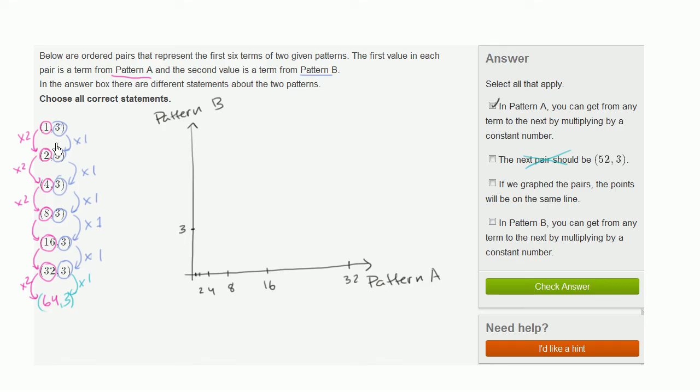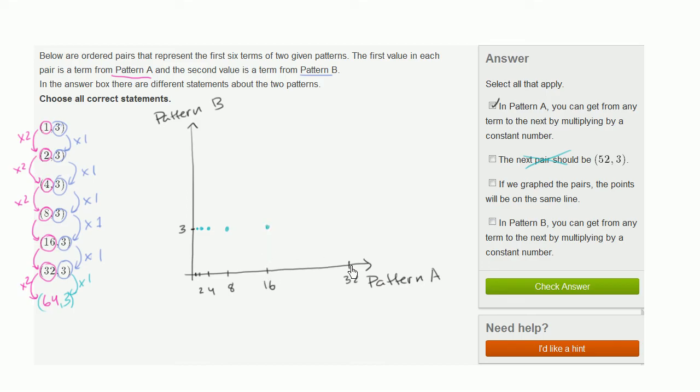So when pattern A is 1, pattern B is 3. When pattern A is 2, pattern B is 3. When pattern A is 4, pattern B is 3. When pattern A is 8, pattern B is 3. When pattern A is 16, pattern B is 3.